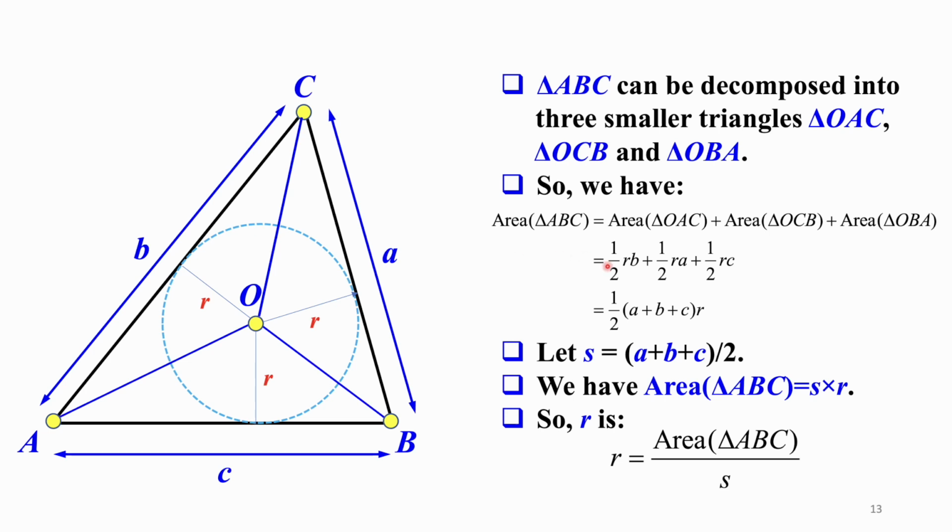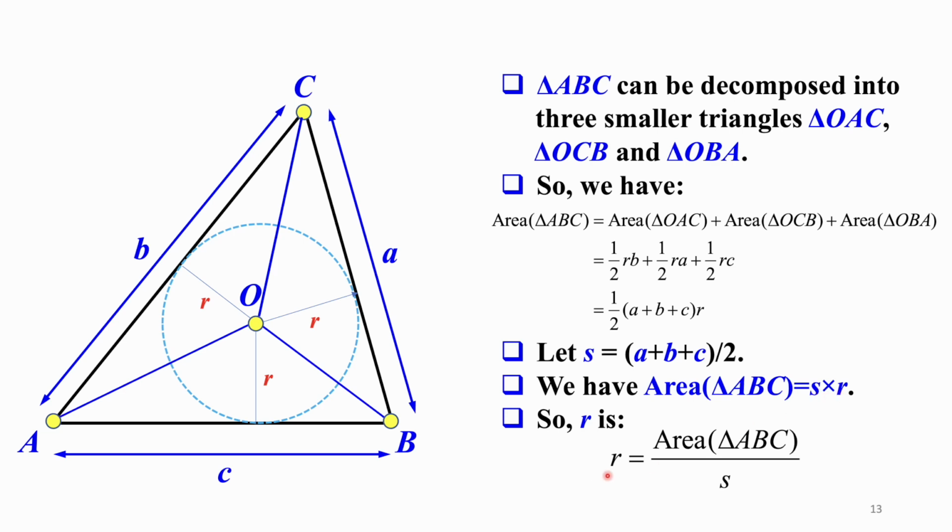So we have this. And then taking 1/2 of the R outside, we have this formula. So let S be A plus B plus C over 2. We have the area of triangle ABC is S times R.